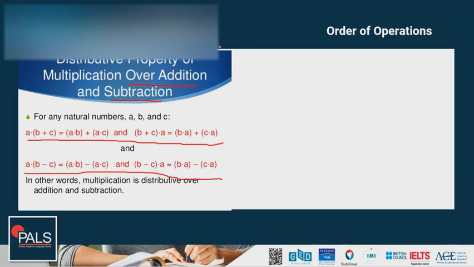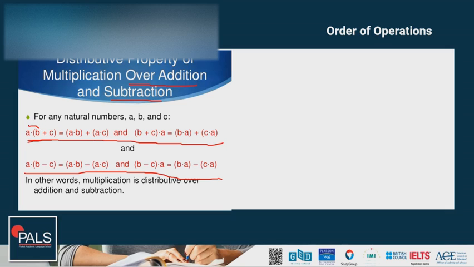Okay, distributive property of multiplication over addition and subtraction. Now below is the rule. If you have an expression A times the sum of B plus C, it is equal to A times B and A times C. So A times B plus A times C. This is from the word distribute.